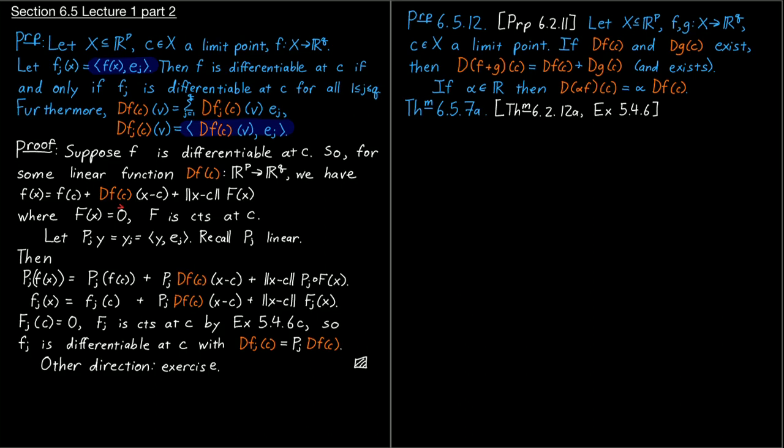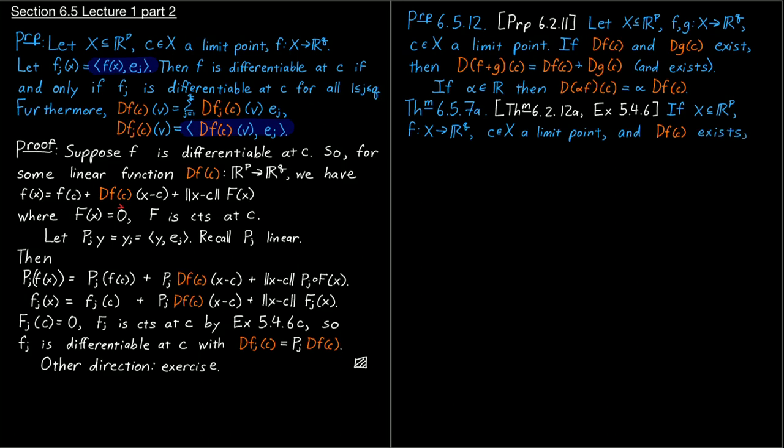This says that if X is a domain in Rp, f is a function from X to Rq, c is a point in our domain, and a limit point, and f is differentiable at c, so df of c exists.